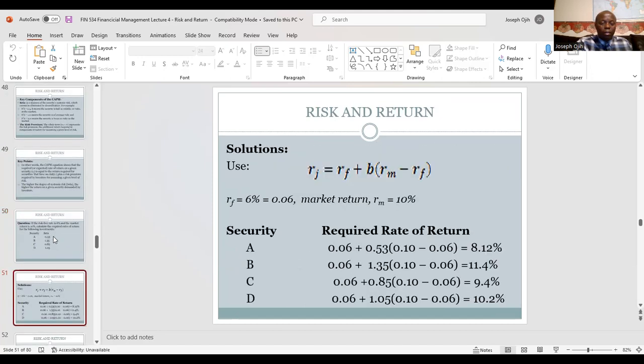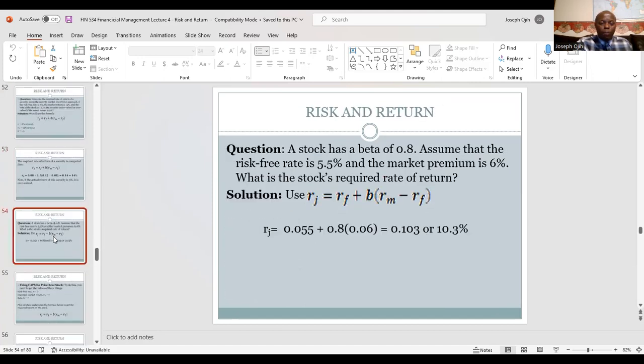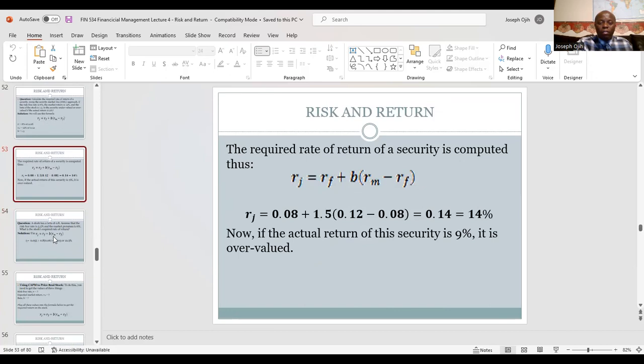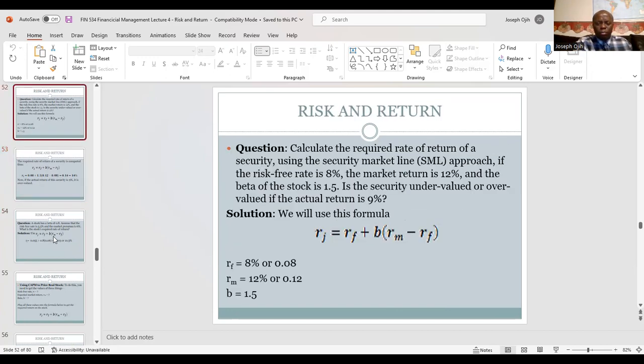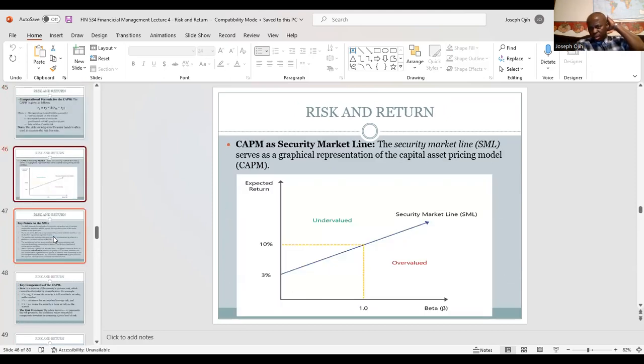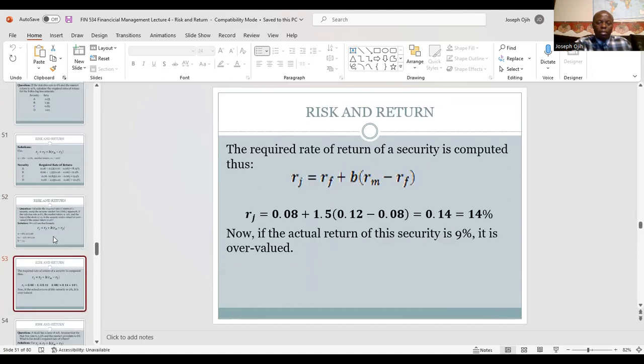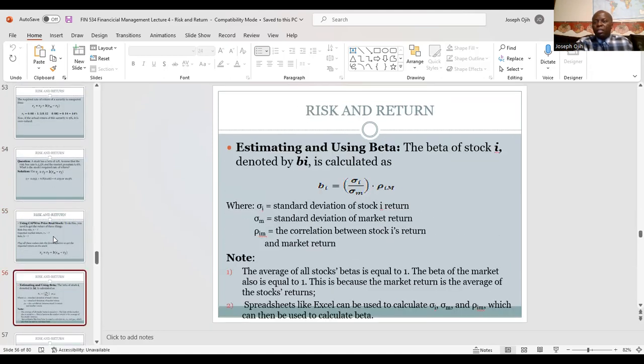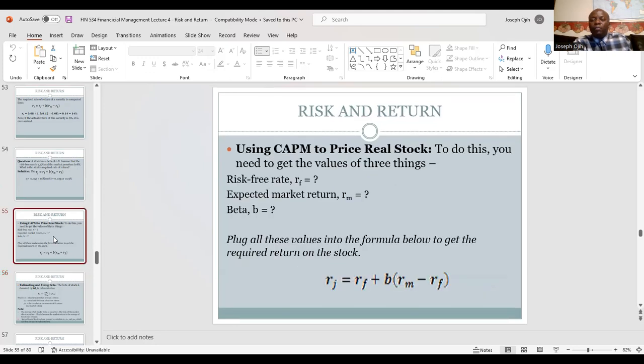Sorry, I said overvalued, but it's actually undervalued. The actual return is lower than what our model showed you should have, which is 14%, so it's undervalued.